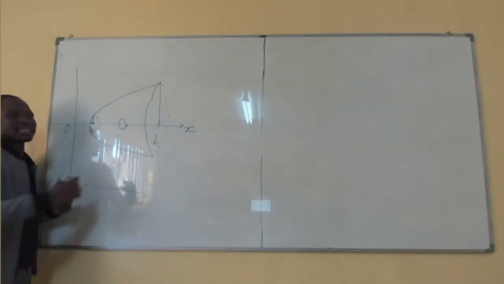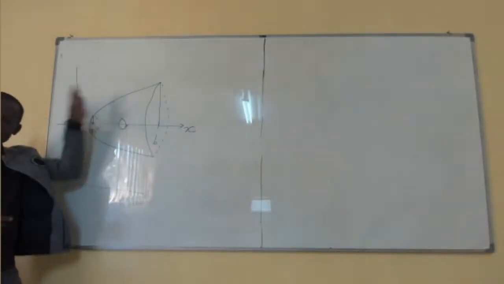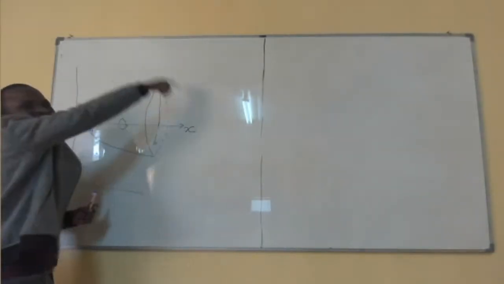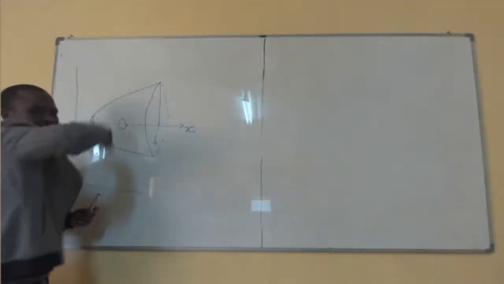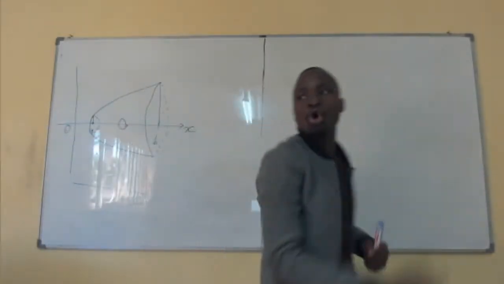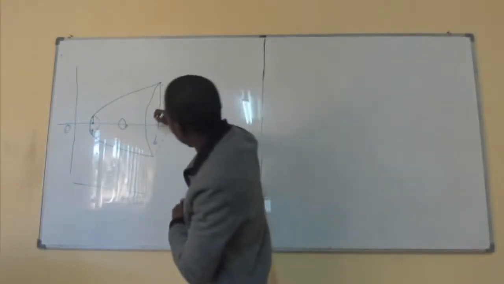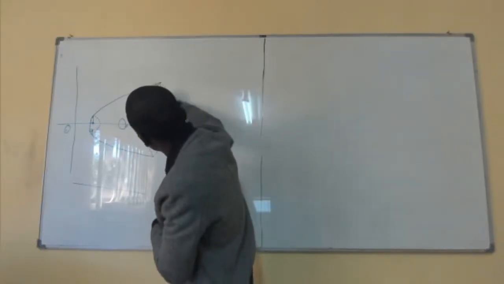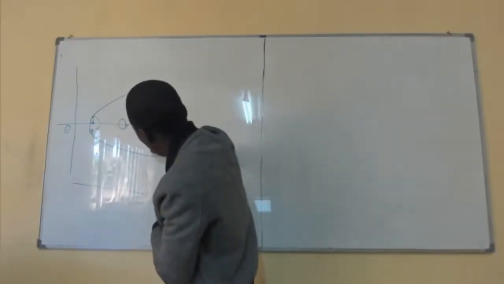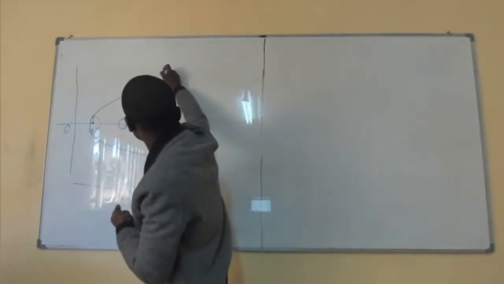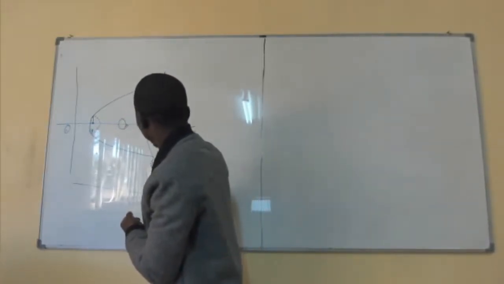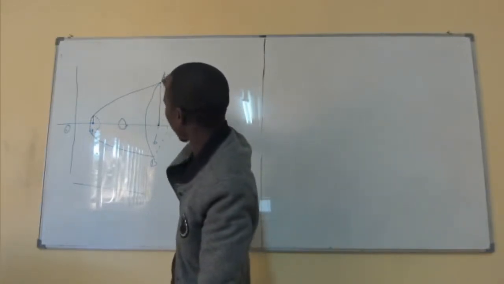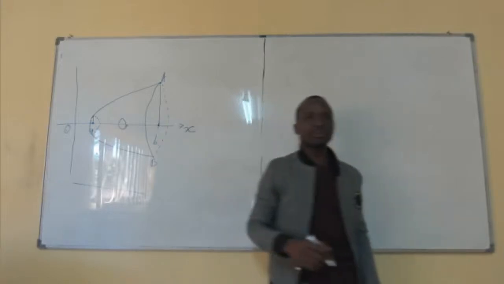When you rotate it, any cross section that you form will be a circle whose radius is the length from the x-axis to the top or from the x-axis to the bottom. If this is point A and this is point B, the radius will be just the length from this point up to point A.